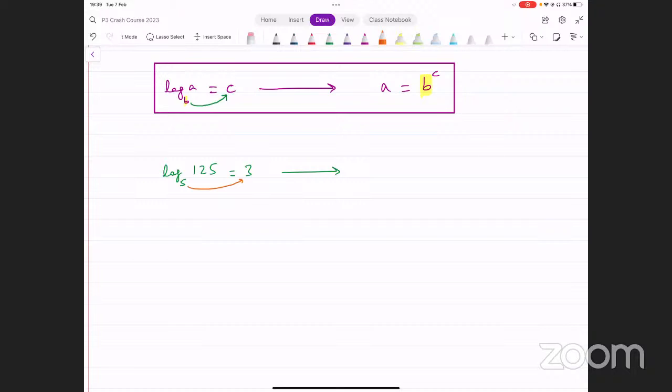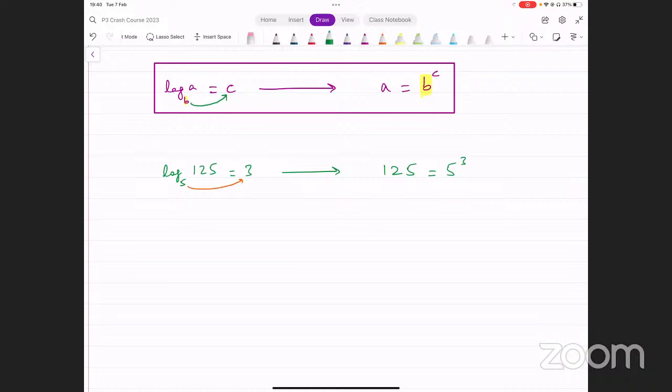The base here goes to the other side, becomes the base of 3. And you have 125 equal to 5 raised to power 3. This is how that log form can be converted to this index form. Does that make sense to everyone? Yes, sir. Okay. This is how we can go from the log form to the index form.